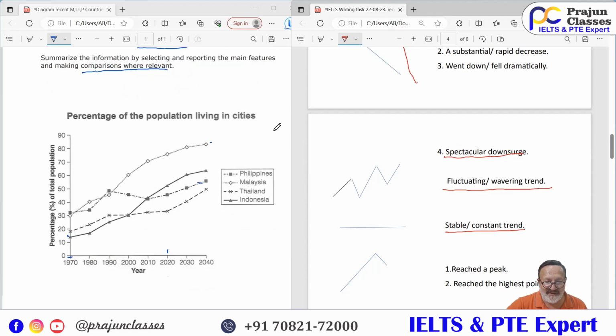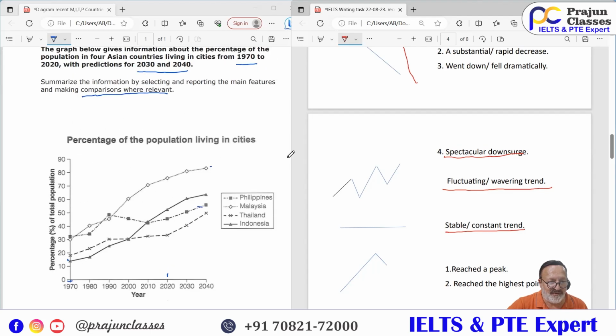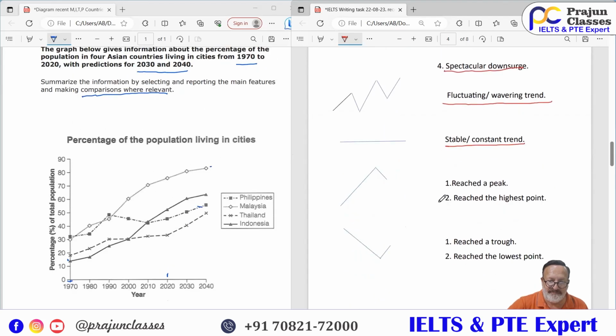And then we have one in which it reaches a peak. You see, it goes up till here. So here we say it reached the peak at whatever figure corresponds to that. Reached the peak, or we can say reached the highest point. These I mentioned in the task response. Highest and lowest points are always welcome in your reporting in writing task 1.